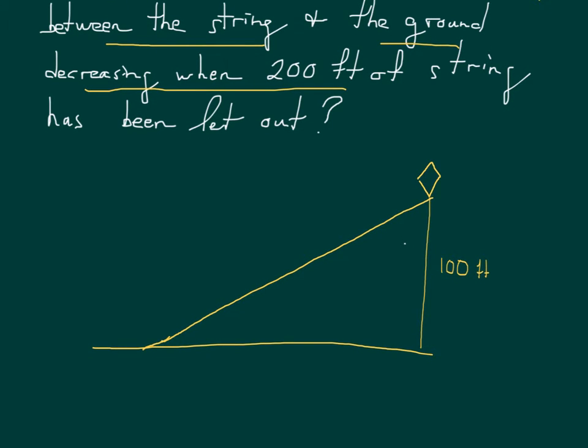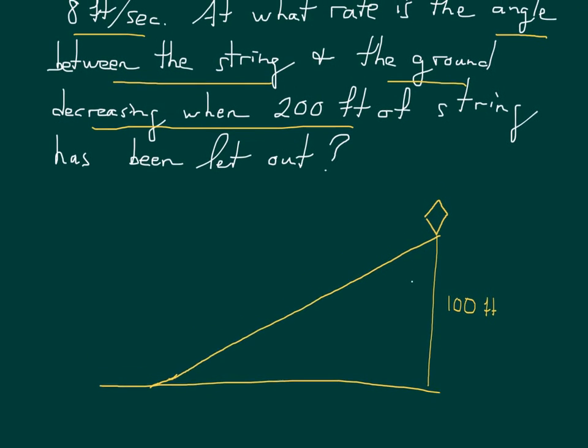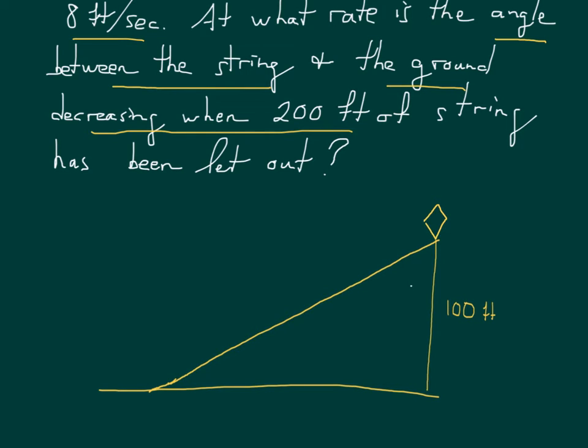It says that this kite is moving horizontally above the ground, so it's not moving up and it's not moving down, it's just moving horizontally, in this direction here. And the question is, after 200 feet of string have been let out, at what rate is the angle between the string and the ground decreasing?